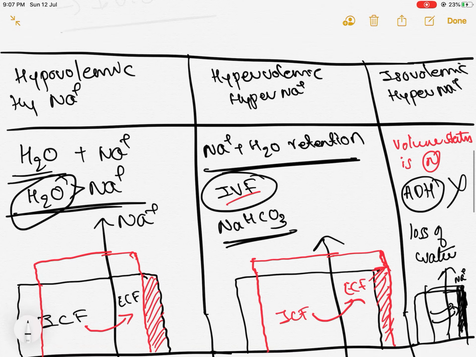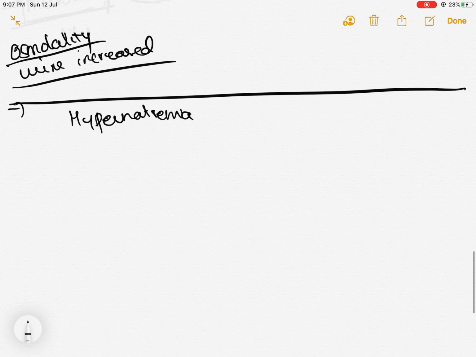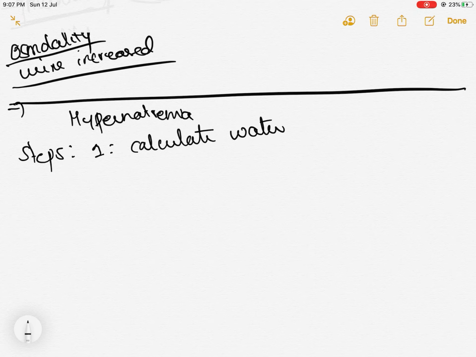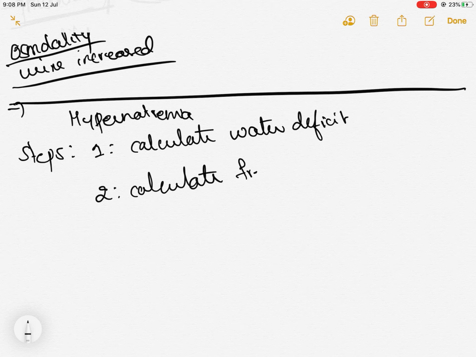So in hypovolemic hypernatremia, which is most commonly encountered, there are 3 steps in treatment. First step is calculate water deficit. Step 2 is calculate free water clearance.